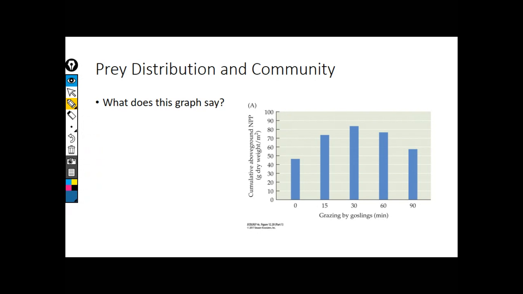Okay. What is our y-axis here? What's NPP?